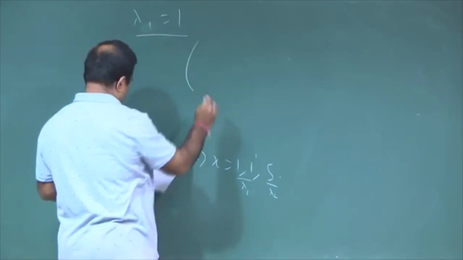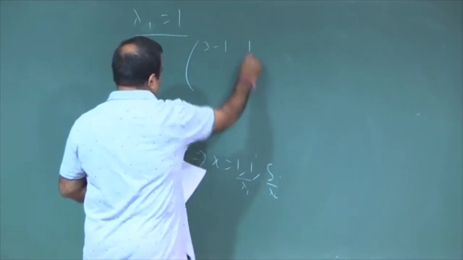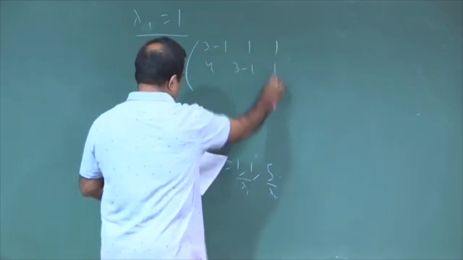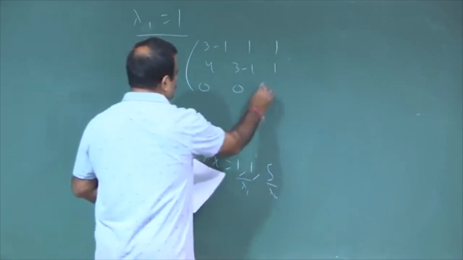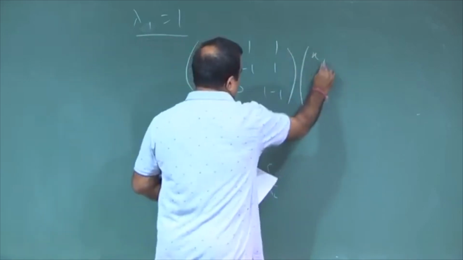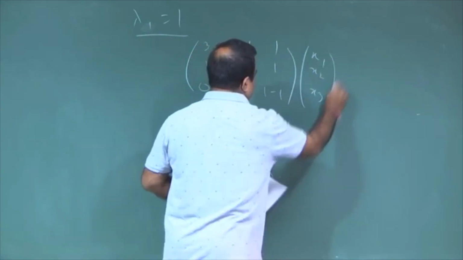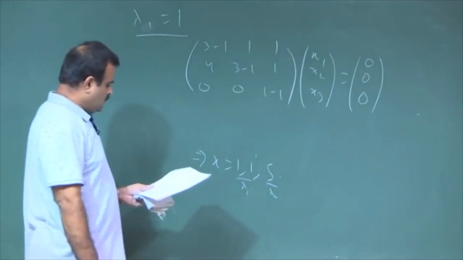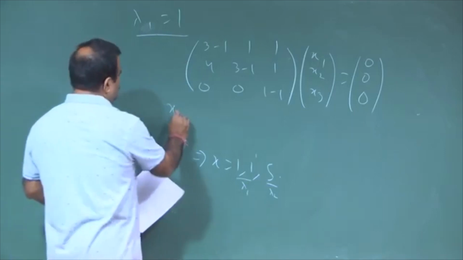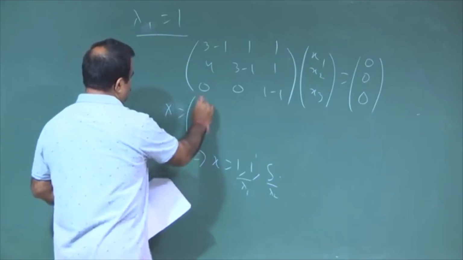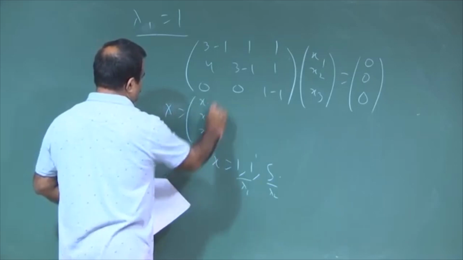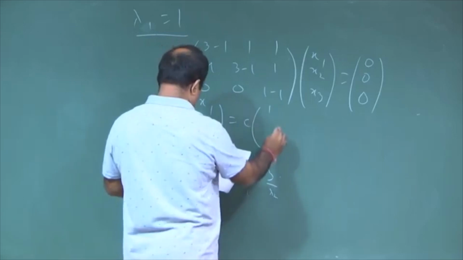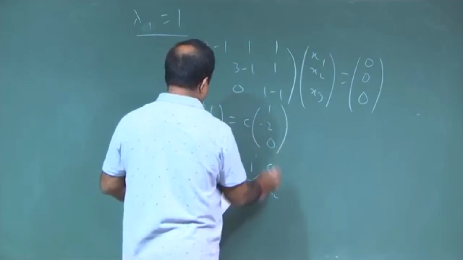So, we need to solve this equation: A minus 1 times the identity, times (x1, x2, x3), equals (0, 0, 0). If you solve this equation, we will get x, that is (x1, x2, x3), which is nothing but some c times (1, -2, 0).